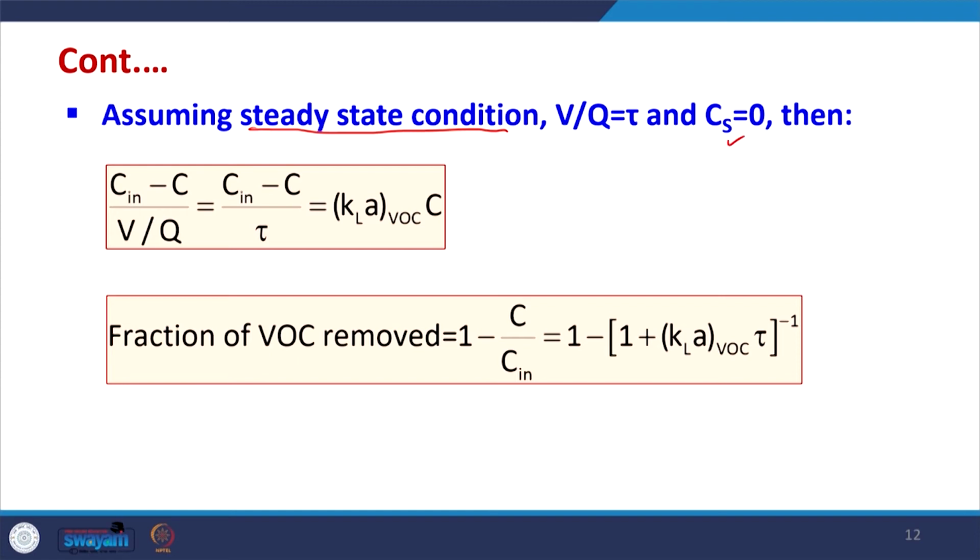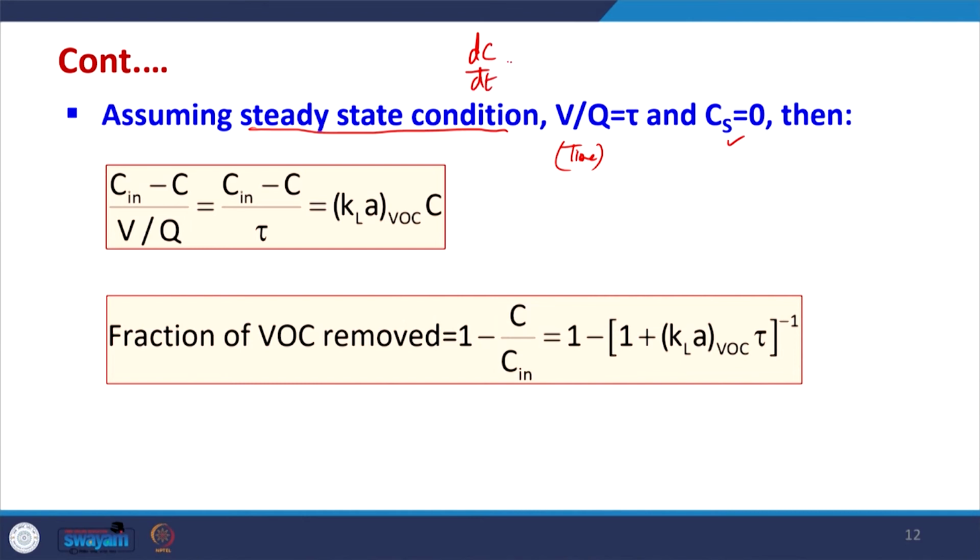V by Q has the unit of time. We are taking this as a parameter, and with respect to that we can solve the equation to get the amount of VOC removed per unit time.